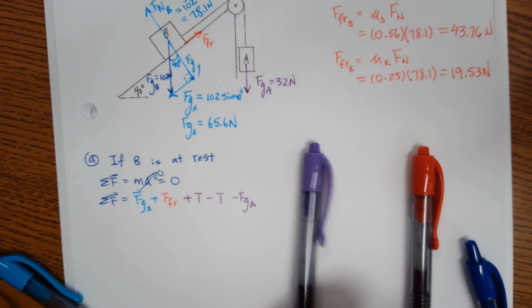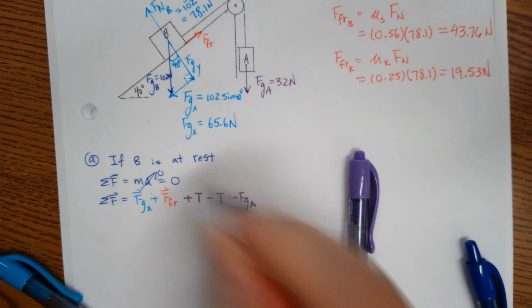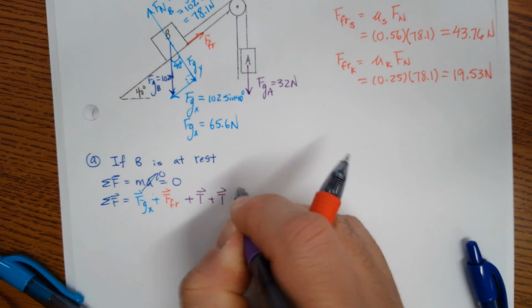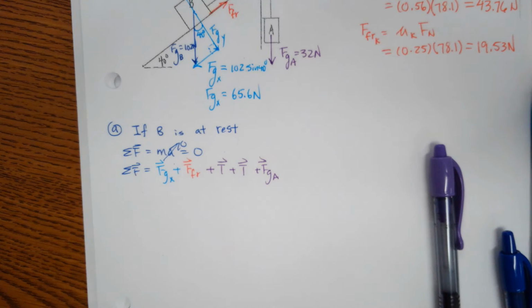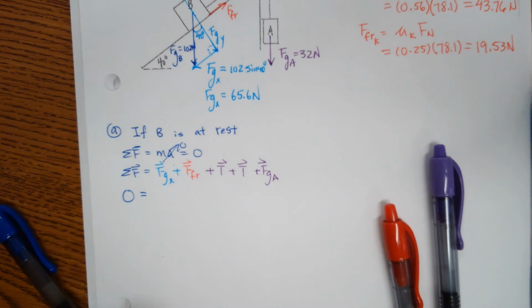Maybe I should just make it all pluses for now. Sorry, skipping too far ahead. I'm in a rush. So 0 is equal to now.